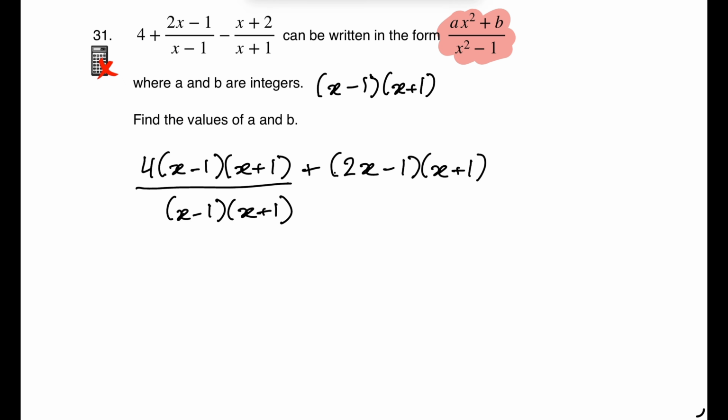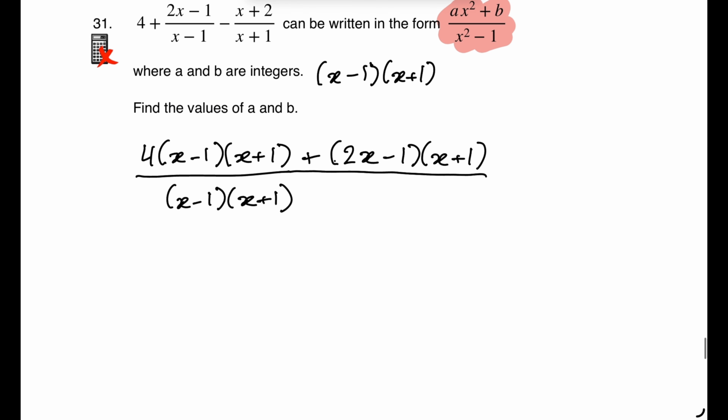Now, just to save time and space, I'm going to write all of this over one denominator, just because that's what we're going to do eventually anyway. And then, for the last fraction, I need to multiply by x minus 1 only. So I'm subtracting x plus 2, x minus 1. That's all over my denominator there.